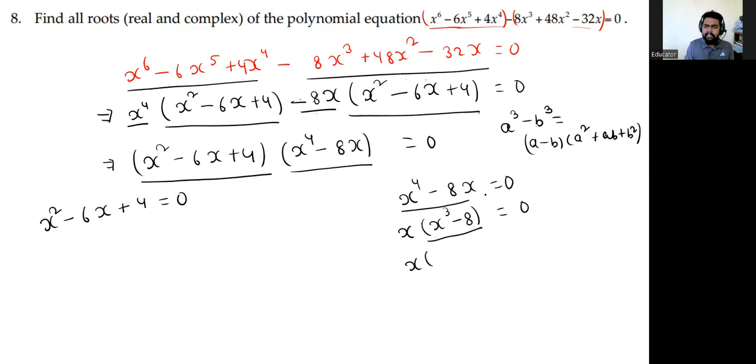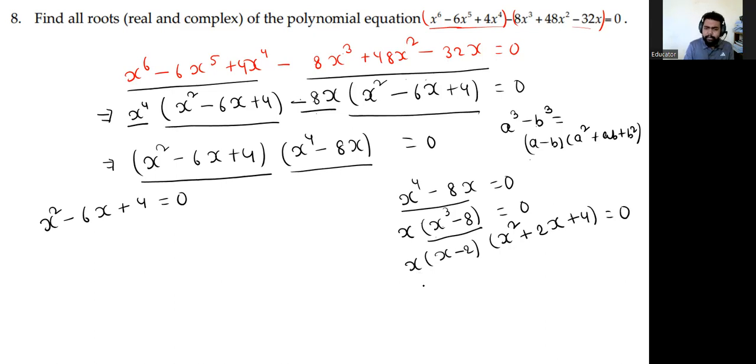Here a is x and b is 2 because 8 is the cube of 2. So I could write this as x minus 2, that is a minus b, times a squared, that means x squared, plus ab, so ab would be 2x, and after that plus b squared, that means 4, is equal to 0.